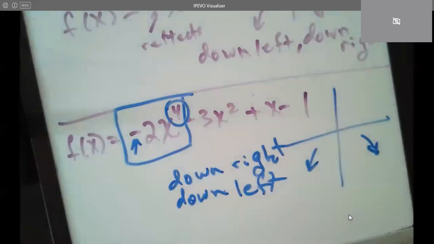All right. So this is negative. Yeah, it's reflecting, right? It reflects it.